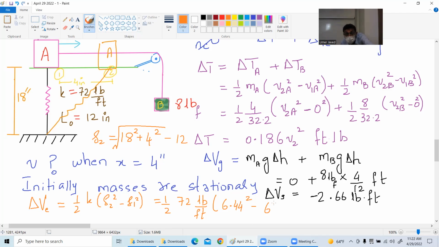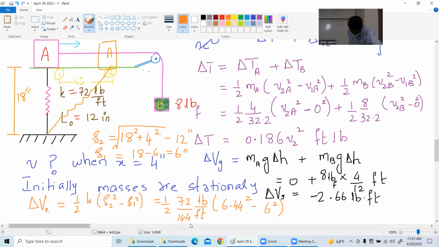Again, an excellent remark from one of our students. So I will put delta 1 equal to 18 minus 12 equal to 6 inches. Thank you. And then, as one of the students said, why don't you divide everything? I'm dividing them by 144. Okay, so divided by 144, as one of the students told us.